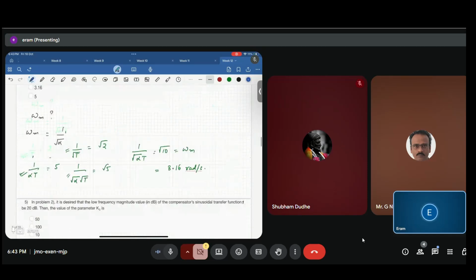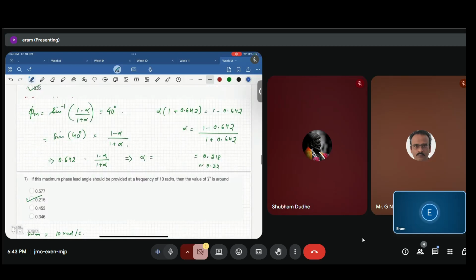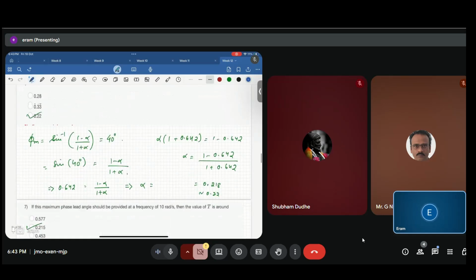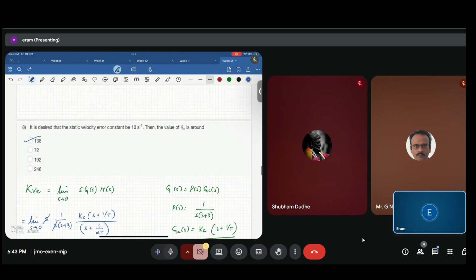Now we have a different set of questions. So now we had this question where we were given the plant transfer function, and then we were given some design specifications. We were given that the maximum phase lead should be 40 degrees, and that the static velocity error should be 10 per second.